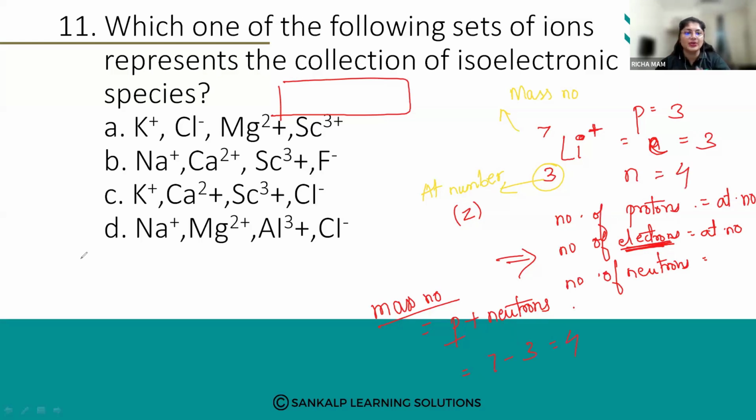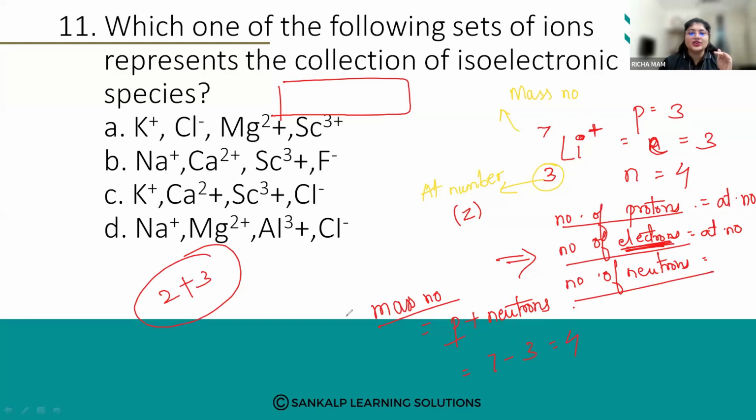Remember this also. Very important. In a 2 mark or 3 mark question, they can give you any one element and tell you to find the number of protons, electrons, and neutrons. Protons and electrons you can find.